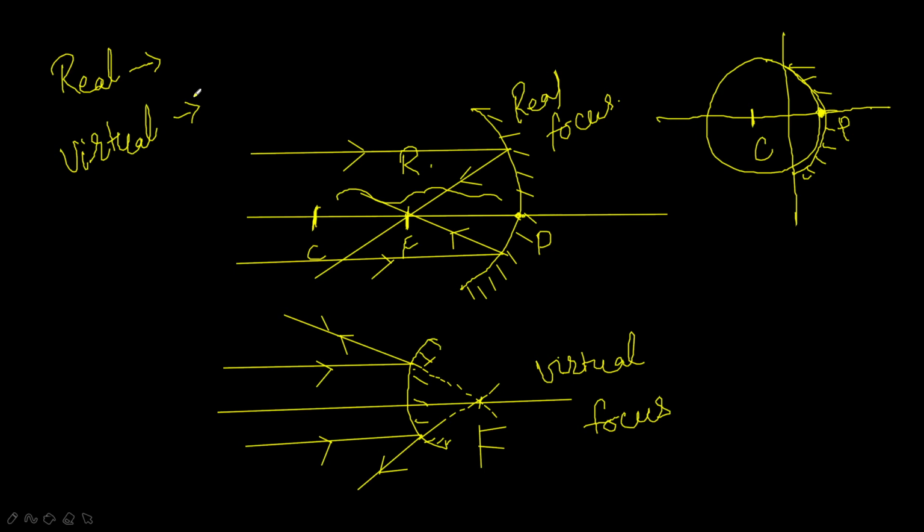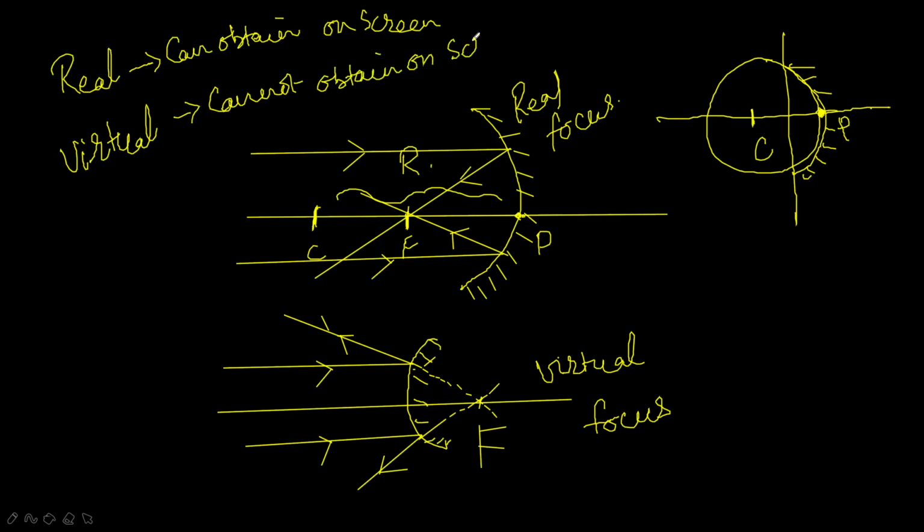Real image is the image which can be obtained on the screen. Virtual image is the image which cannot be obtained on the screen.